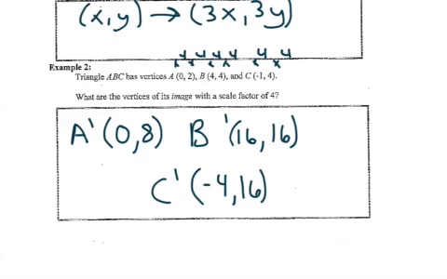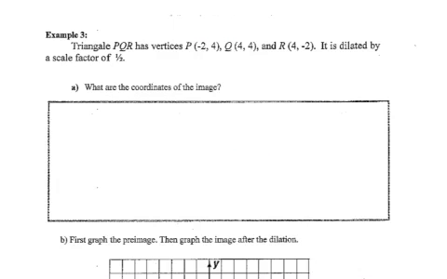So as you can see, anytime they want you to do a dilation, you are basically multiplying into each x and y value of your ordered pair. So this time it's giving me a new triangle, and now it's only being dilated by 1/2. So every single x and y value I'm going to multiply by 1/2. And I'm not going to write that every single time just because I don't have a lot of room up here.